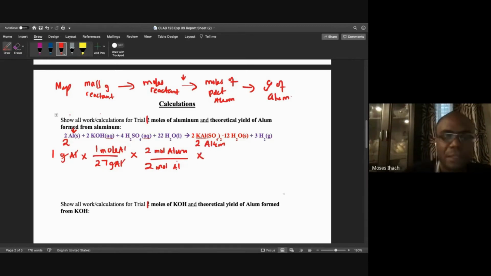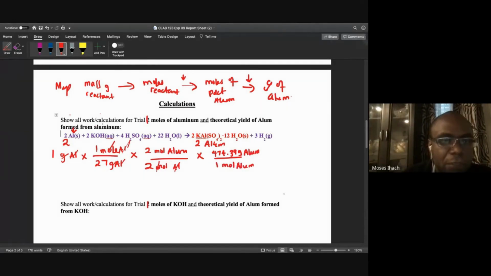Now these moles of aluminum are canceling, so the answer is in moles of alum. Now we need to convert the moles of alum to grams of alum. We use the formula weight of alum. Remember, the formula weight of alum was 474.39. Just sum up the masses of the elements. 474.39 grams gives you 1 mole of alum.